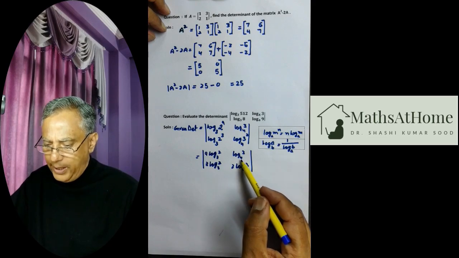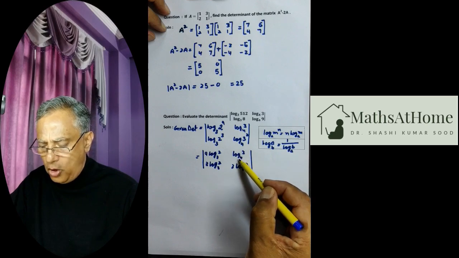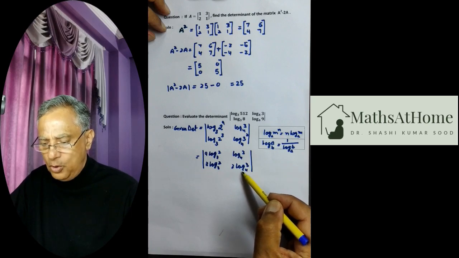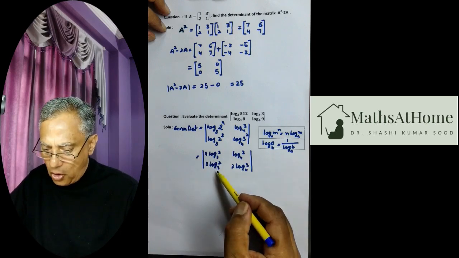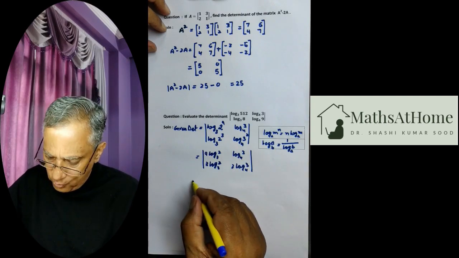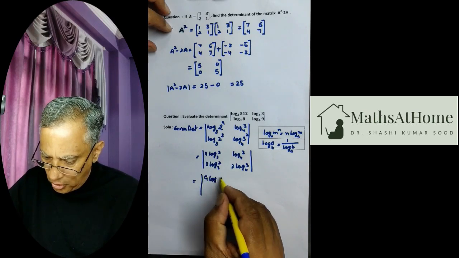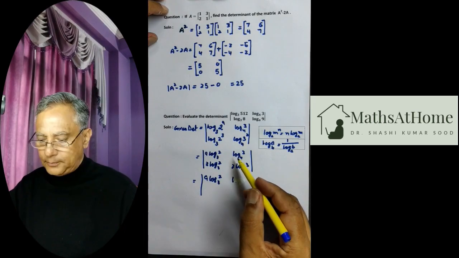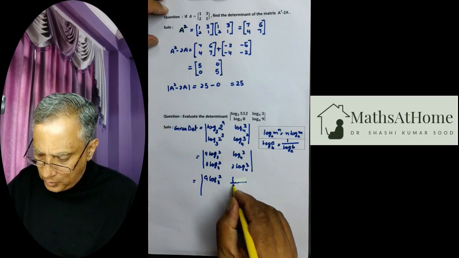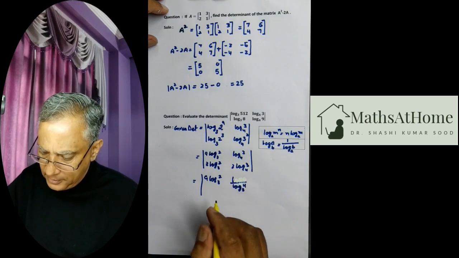Now if we interchange a and b, this will become log 4 to the base 3. So the base will change to 3, and here also the base will change to 3. So the base of all these logs will become 3. So what we do is we write this equal to 9 log 2 to the base 3, and this can be written as 1 upon log 4 to the base 3.